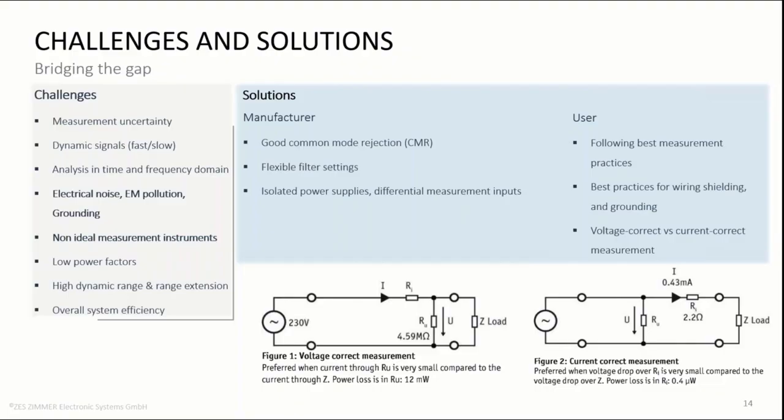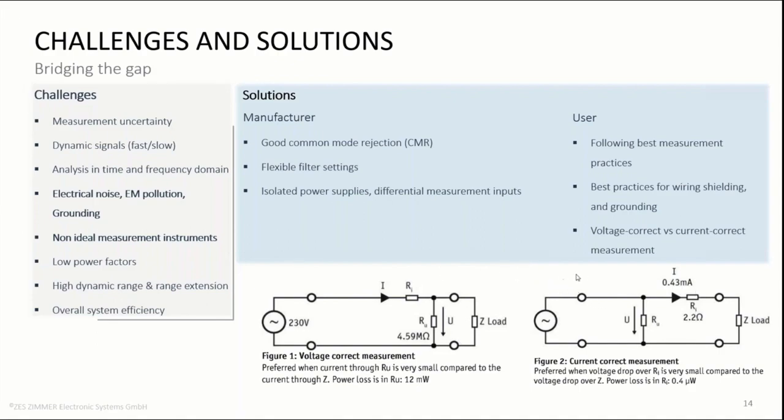This is why it is important for the user of a power analyzer to consider the effects of the placement of the voltage and current channels on the measured circuit. The layouts shown here are known as voltage correct and current correct measurement, respectively, on the left and on the right, and need to be considered depending on the measurement.